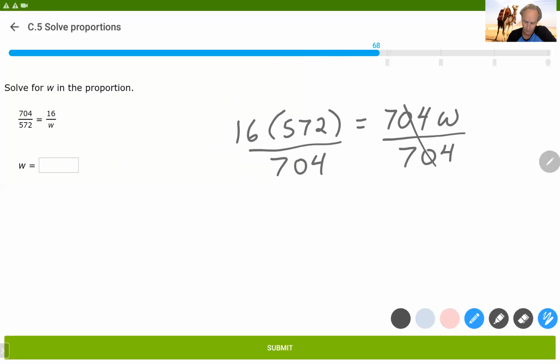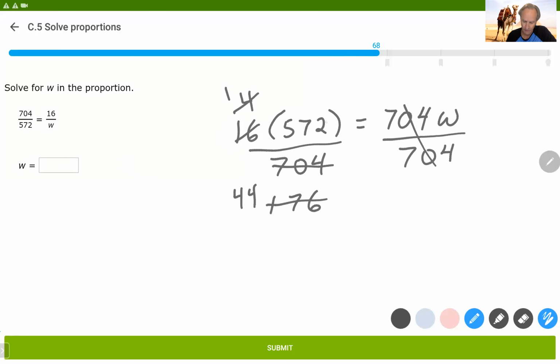So 4 goes into 704. Let's see. That's going to be 176 times. I'm dividing by 4, and dividing by 4 gives us a 4 right there. Now I can divide by 4 again, and 176 divided by 4 is 44.